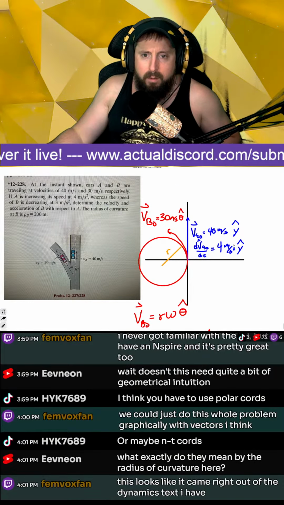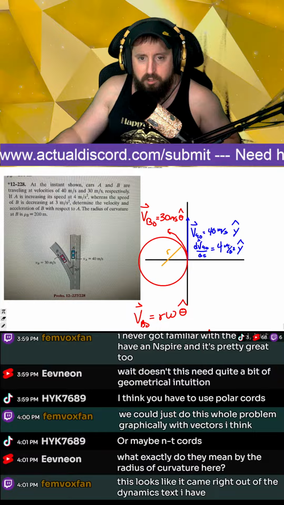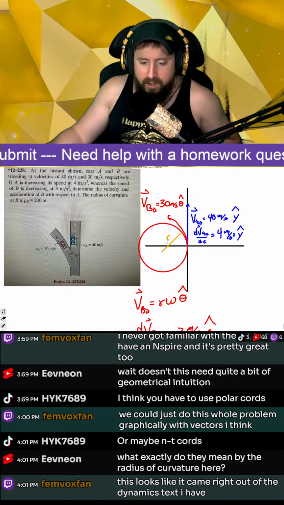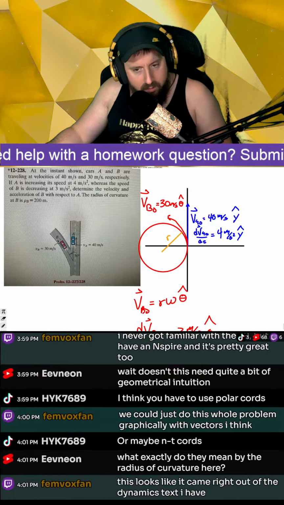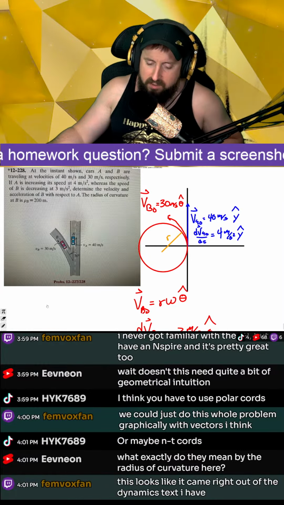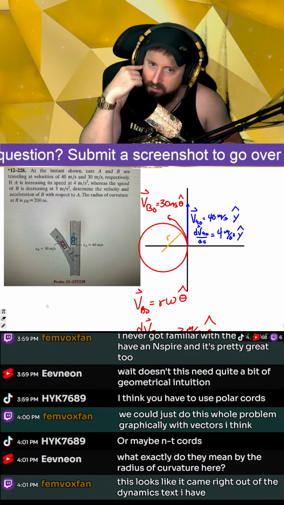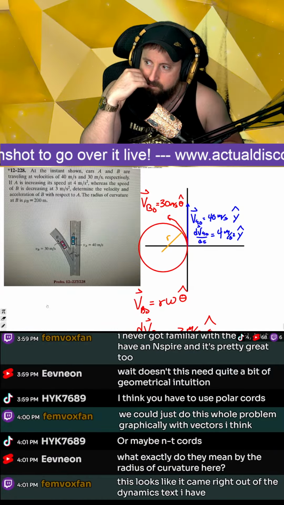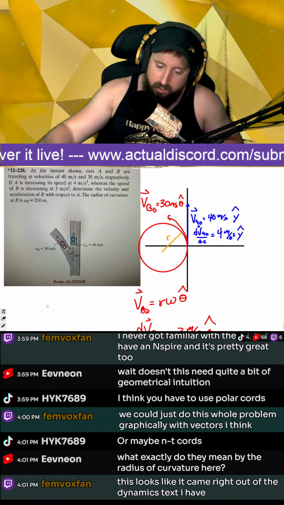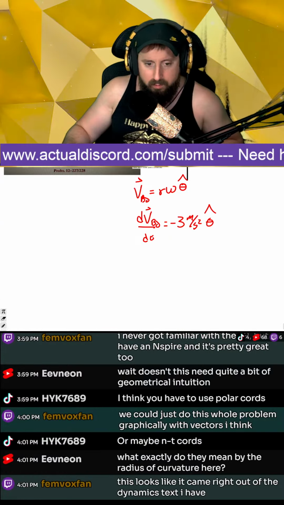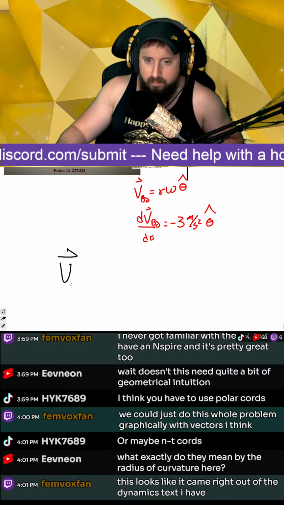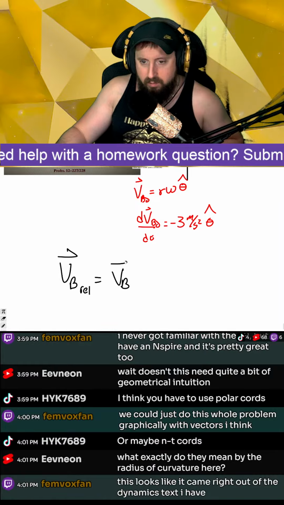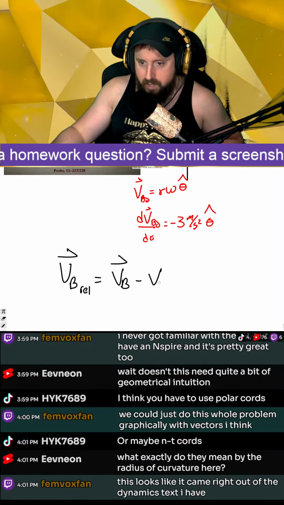Okay. Determine the velocity and acceleration of B with respect to A. Oh, okay. So with respect to A, I want to know VB minus VA? Is that what this is? VB relative, right? I think that's what we're saying. So VB relative is equal to VB in my generalized coordinates minus VA.